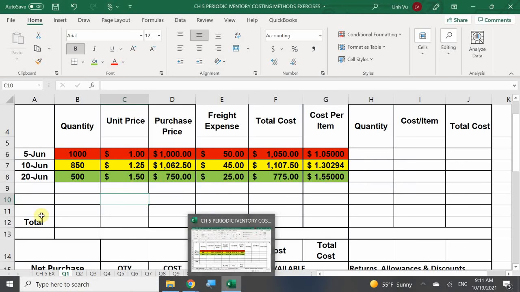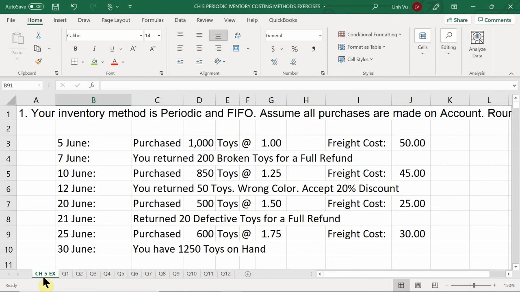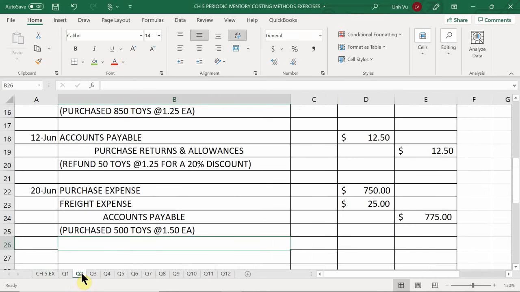All right. So then let's see what happened next. Okay. Then June 21st, we returned 20 defective toys for a full refund. So let's journalize that. We returned 20 defective toys for a full refund.